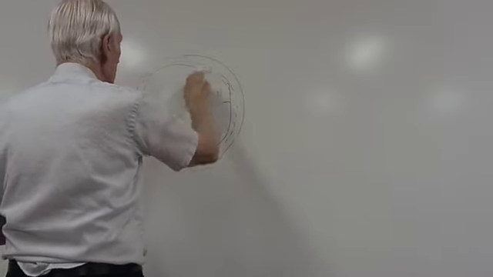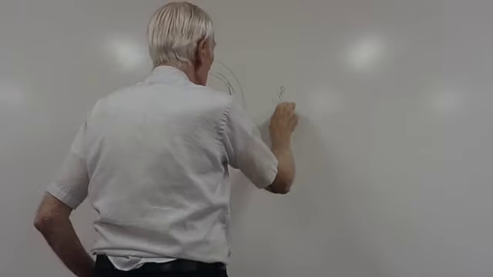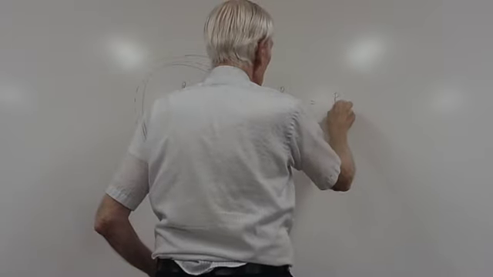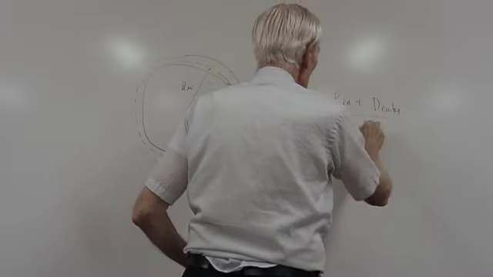So our average is r inner plus r outer divided by 2.